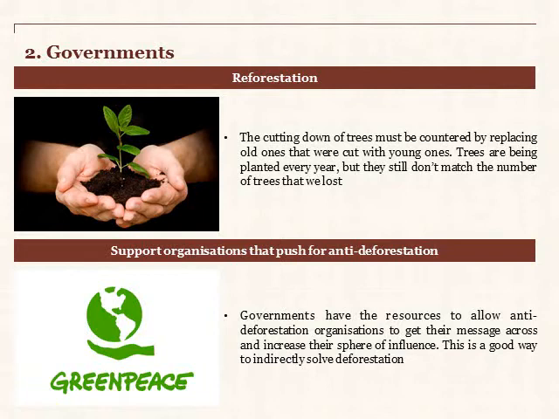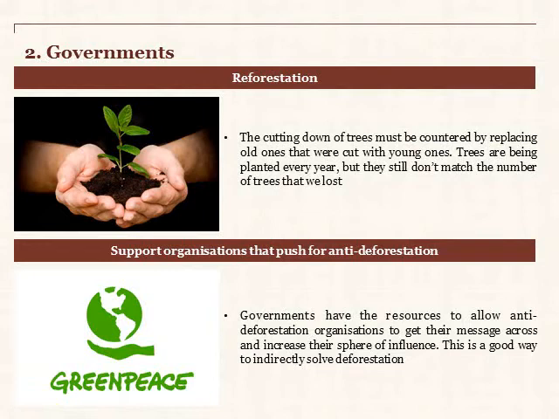So trees can be planted every year, and in many parts of the world, governments are actually organizing a reforestation day two to three times a year. So new plants are planted, and governments can also support organizations that push for anti-deforestation.